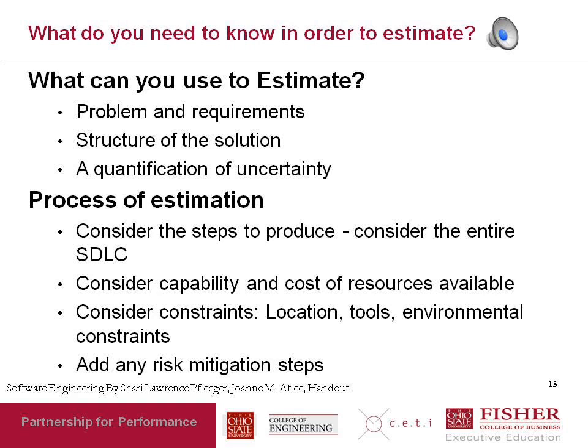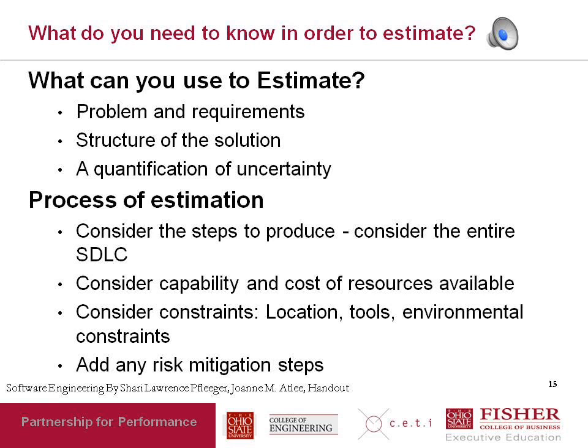You could see how long each component might take to implement, and add them all up and use that as your estimation. Note the difference here. In the previous case, you were using a description of the problem and the requirements to do your estimation. Now you're using the definition of the solution to do your estimation.